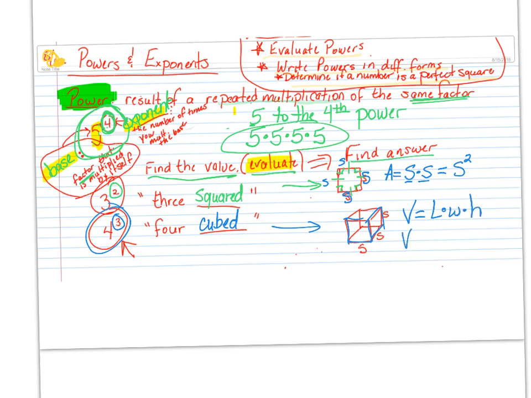But in this case, look at each edge is the same. So it would be side times side times side. That's the same factor written down 3 times. So it's side cubed. You guys always need to remember that in the area of a square, the units are always units squared. When it's volume of a cube, it's units cubed because it came from a cube.